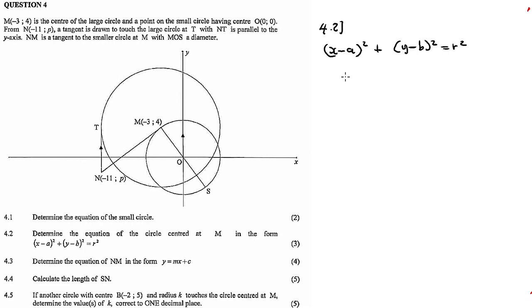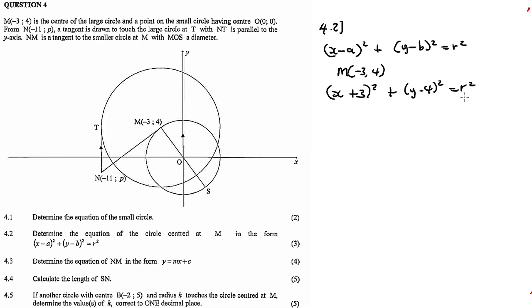What's the center? The center is (negative 3, 4), which is M. As I substitute again, it is (x plus 3) squared plus (y minus 4) squared equals r squared.